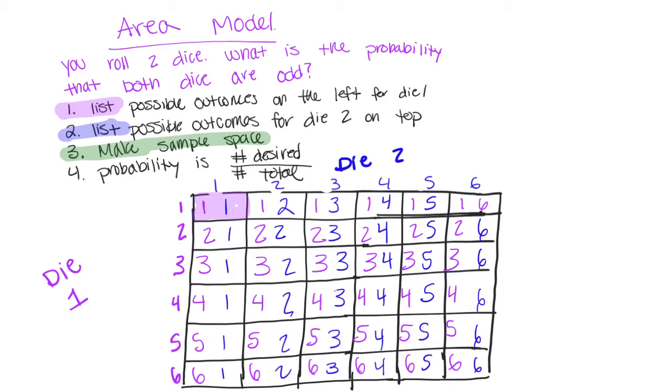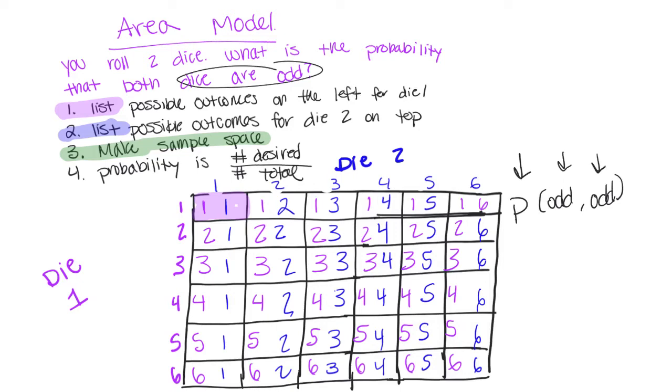So I want to know the probability that they are both odd. So remember the probability, odd and odd.